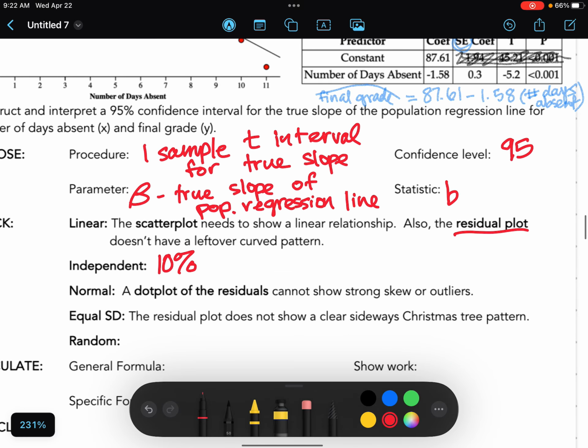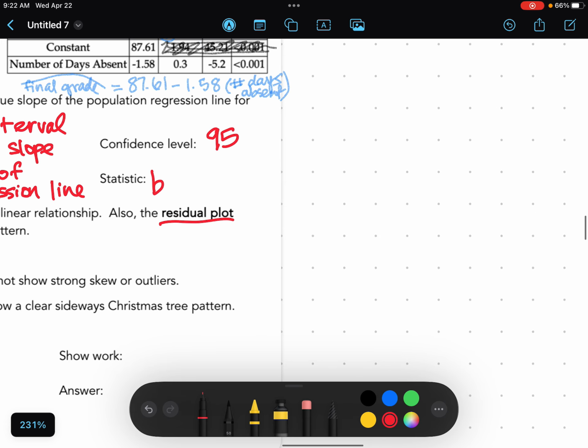The residual plot does not show a clear sideways Christmas tree pattern. Let me talk about that for a second. Sometimes with residual plots, you get plots that look like this. Here's our center line, and it starts out really close together on one end, and then it gets really spread out.